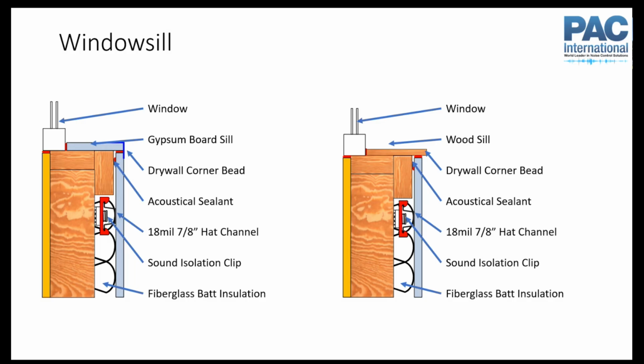This is creating a rigid structural path through here, so not ideal, but we also have a weak spot probably already at the window, so it matters a little bit less. We just want to make sure that we don't compromise the performance of the rest of the wall. So we make sure that the drywall there that's supported by the clips and hat channel is still free floating, but still sealed, with flexible acoustical sealant.